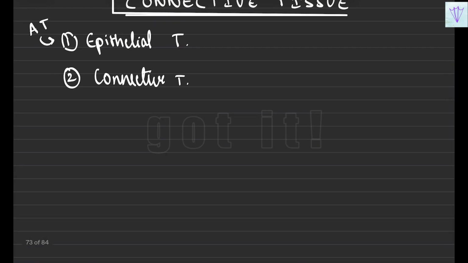First, starting with the definition of what exactly connective tissue is. Connective tissue is a tissue that will connect, as the name suggests.